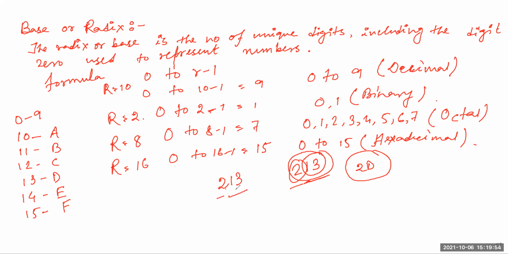If you don't know whether it is 13 or 1 and 3, then for values between 10 to 15, you will not write 13, 14 or 15. In that case you will write 2D. Why D? Because the value of D is 13.